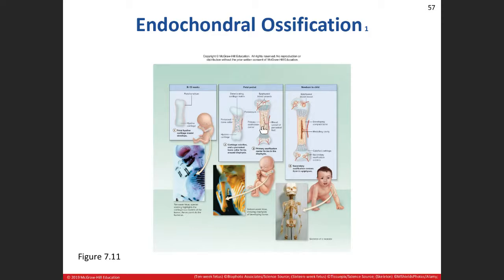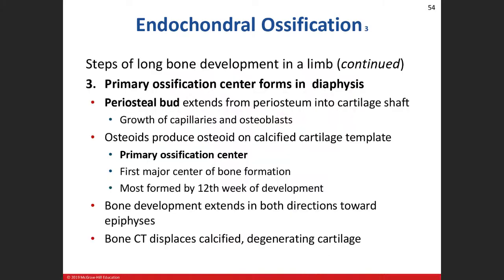So this whole process, I'm skipping on to number 3. My bad. Let me go back here. You can start to see that the compact bone area, or the outer perimeter of our long bone, starts to turn into bone tissue. I jumped the gun there. I apologize. Step 3.